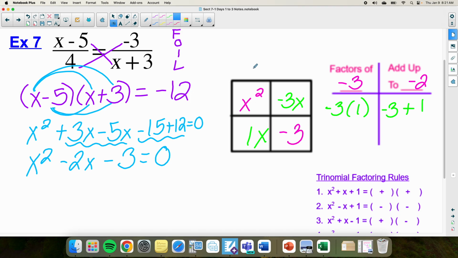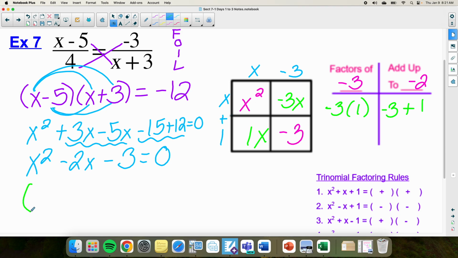So if this is x squared, it's x times x. What times x gives me negative 3x? That's negative 3. X times what gives me 1x? That's 1. And negative 3 times 1 is negative 3. And then this one I put a plus sign in between, okay?